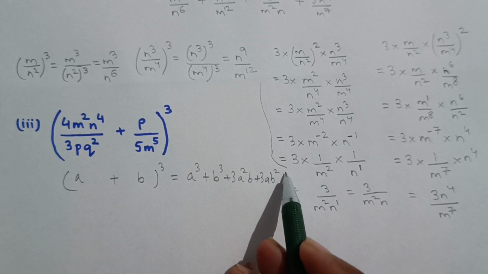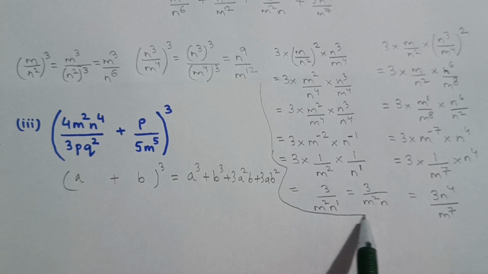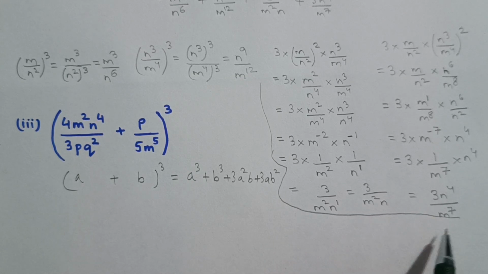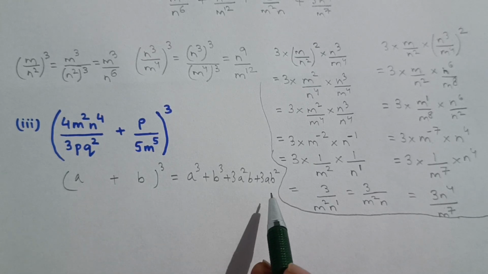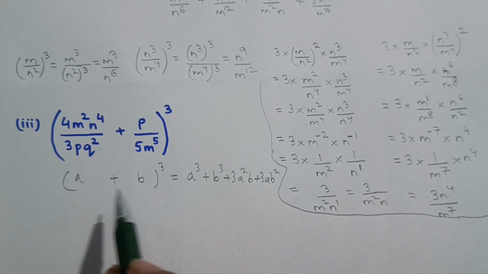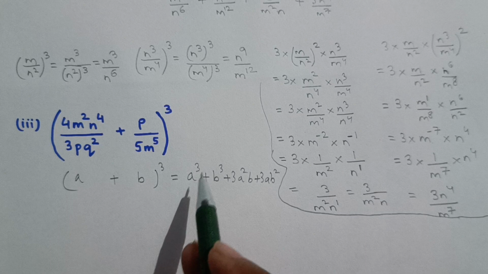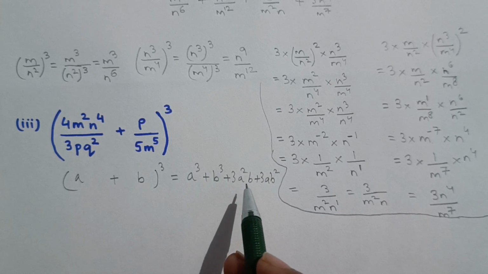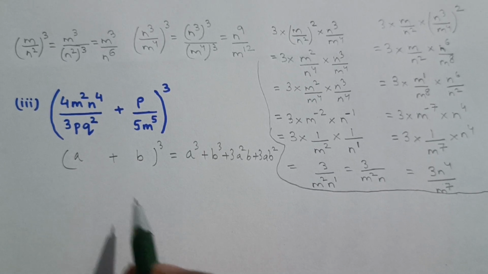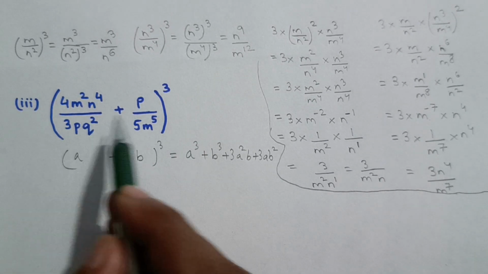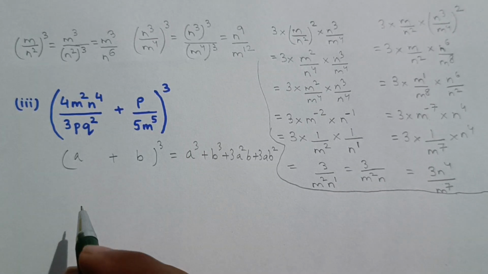I will put a marking over here so that we don't get confused. So this is the algebraic identity that is known to me. Using this algebraic identity, we will expand this given expression.